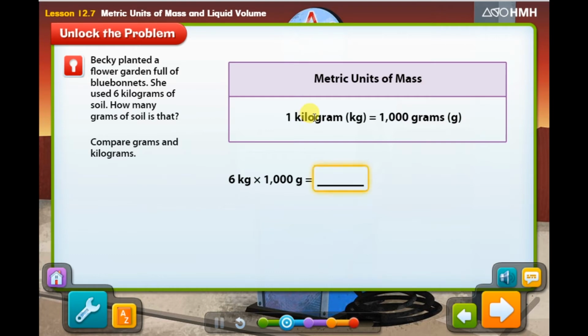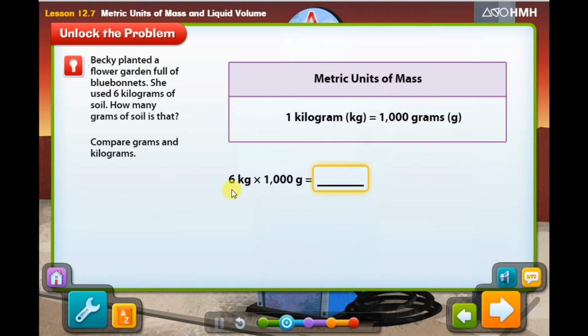And here, what will we multiply by? First, know the relation between kilogram and gram. Each 1 kilogram contains 1,000 grams. This means to convert from kilogram to gram, you have to multiply by what? Yes, bravo, by 1,000. This is the relation between the two units. So to convert from a big unit to a small unit, from kilogram to gram, you will multiply by 1,000.